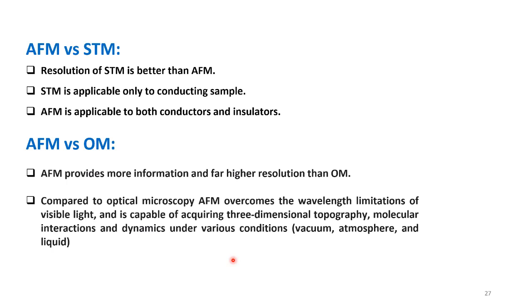So even in vacuum we can use it, or in atmosphere, and also in liquid medium. This is the advantage over electron microscopy: in AFM and optical microscopy we are able to see the sample in the atmosphere. That is very helpful when we are doing molecular biology or any kind of microbiology studies.